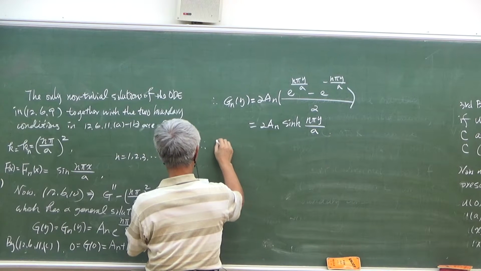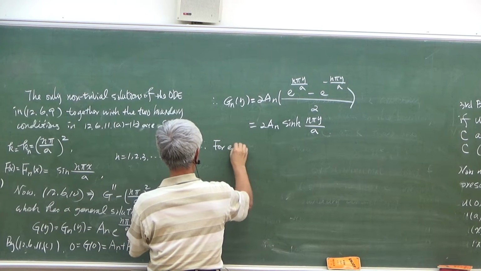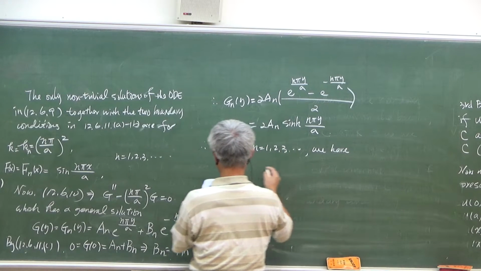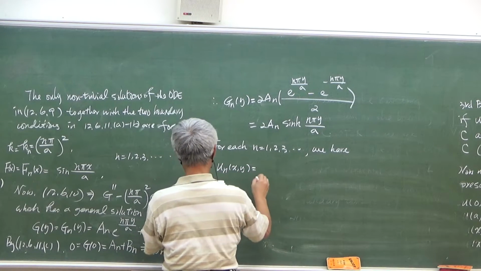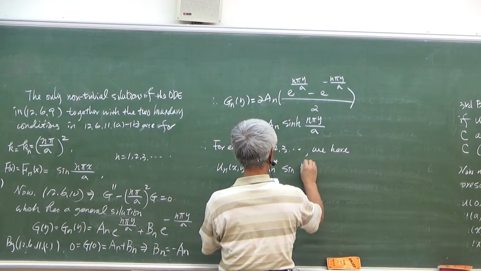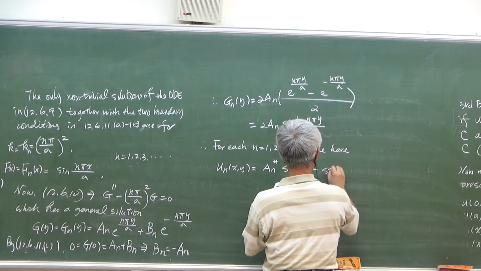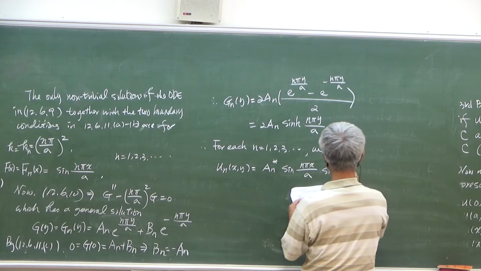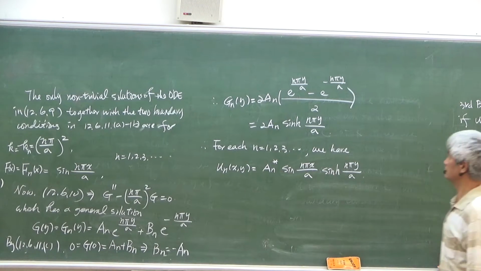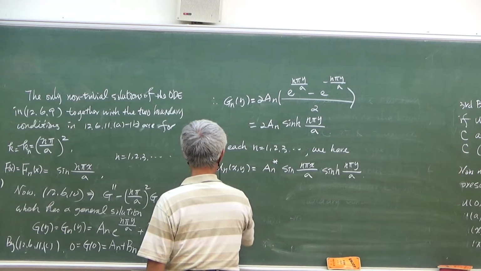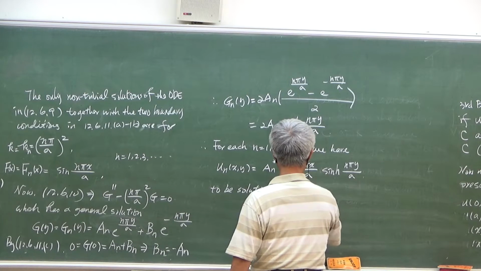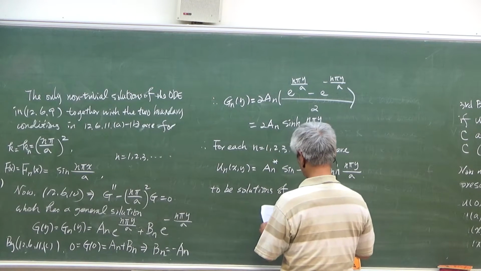So for each n, we have u_n of x, y equal to a_n star sine n pi x divided by a, and the hyperbolic sine of n pi y over a, to be solutions of 12.6.